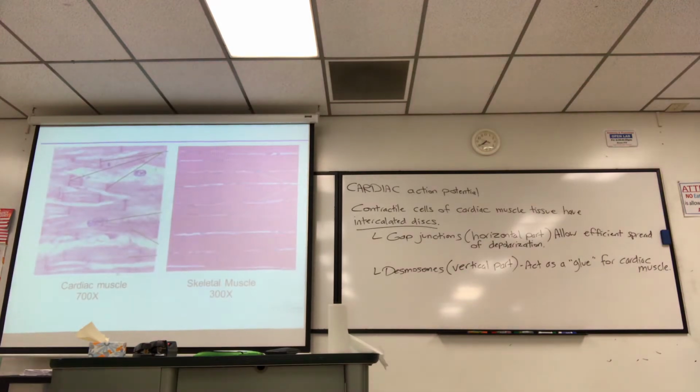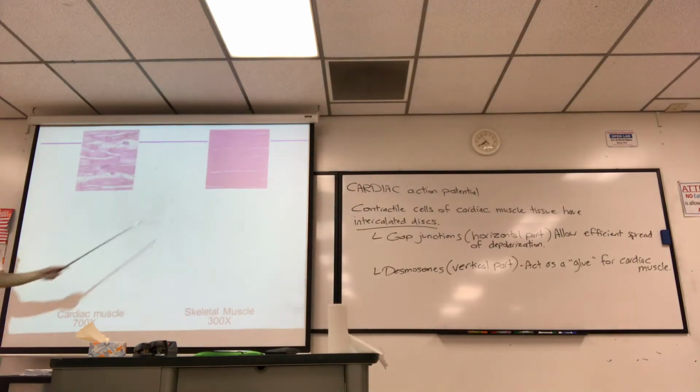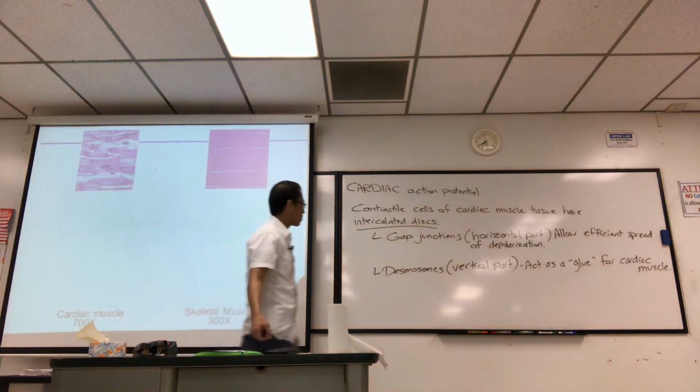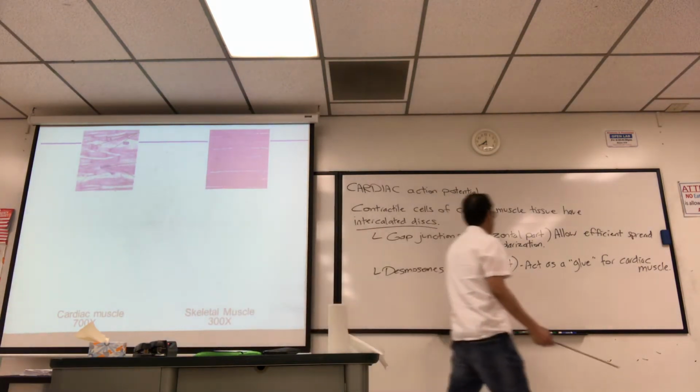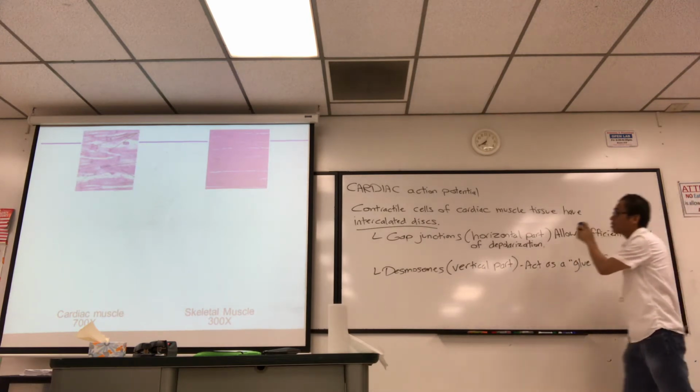Okay, so to compare it a little more with skeletal muscle, here's skeletal muscle, and here's cardiac muscle. They look kind of the same in the microscope, but there are some differences. One difference is you have the gap junctions here.